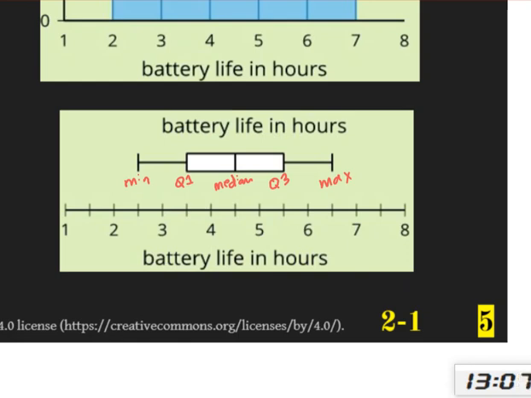So each segment represents 25% of our data. And so this left tick represents the minimum, the right tick represents the maximum, the median is the exact middle. Another way of saying middle is median.